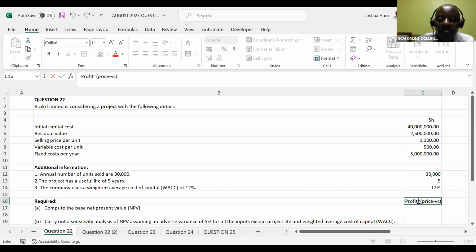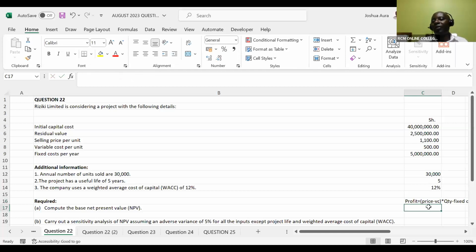Whatever answer you get, you multiply with quantity, and then you subtract fixed cost. If you're writing your notes, this is a very, very important formula amongst all the formulas.